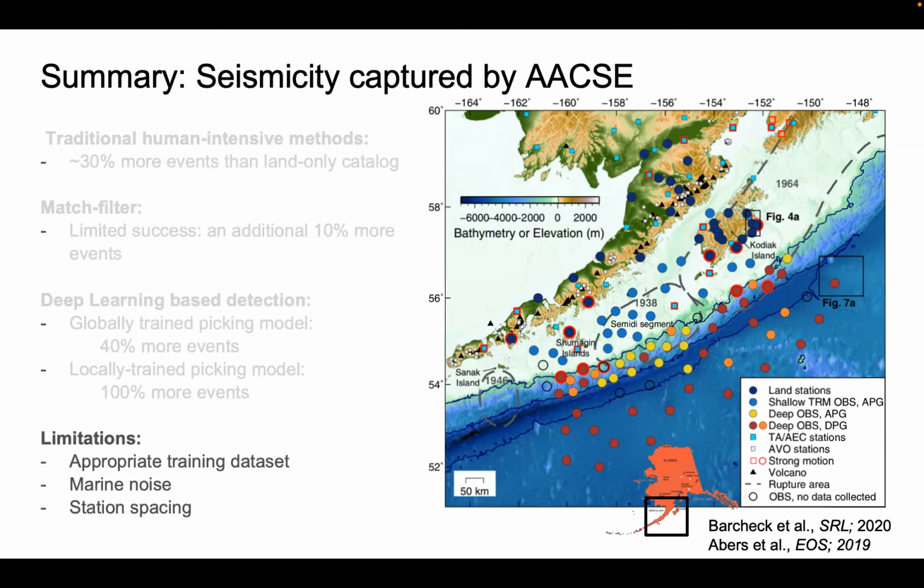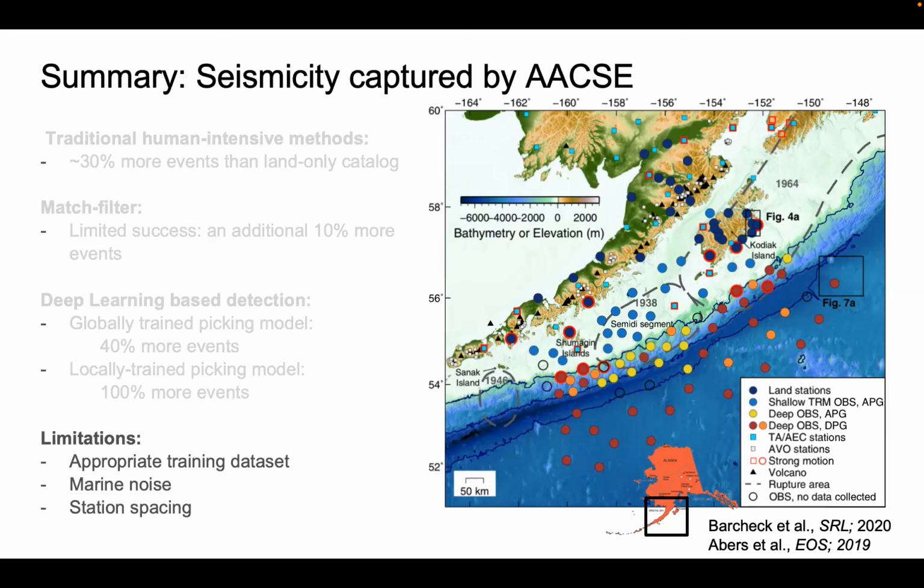A couple of limitations that I encountered throughout this process. Obviously, we need an appropriate training data set for these machine learning methods. We need to have dogs underwater as well as on land for an amphibious seismic network. And then ACE is mostly underwater, so marine noise remains an issue. A lot of the little earthquakes are similar in amplitude to some of the noises in the ocean.